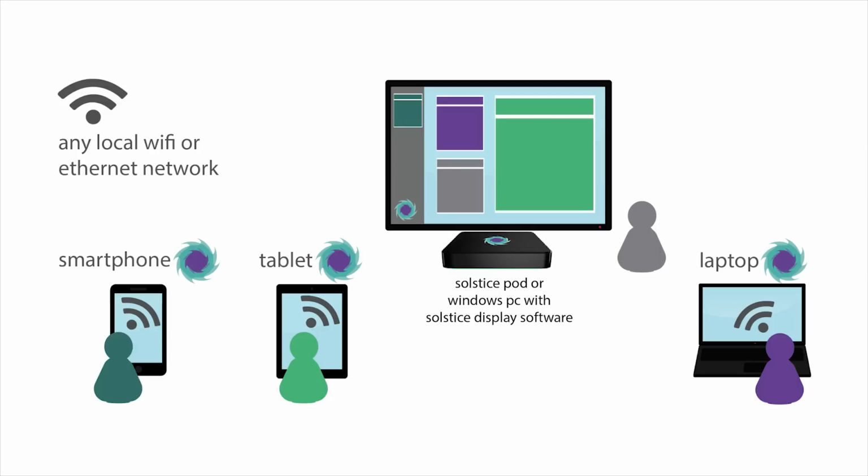The Solstice client apps for all platforms can be installed by following instructions on the Solstice display welcome screen or by visiting mersive.com/downloads. Solstice pods and Windows software licenses are available for purchase from Mersive and its authorized resellers.